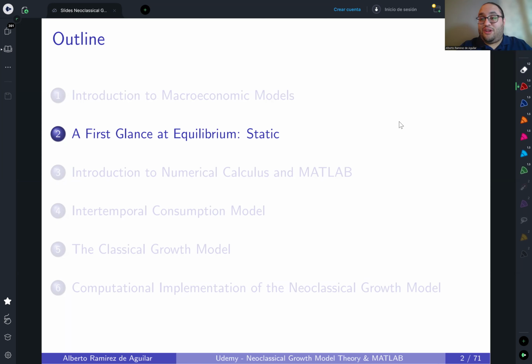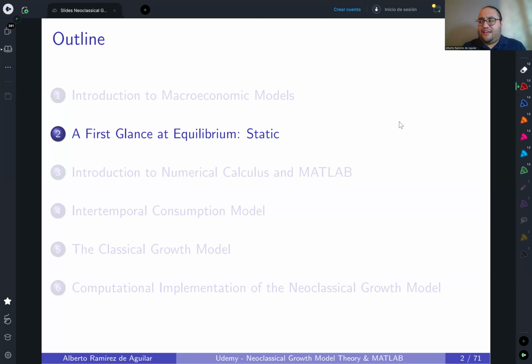And I'm not only going to use this simpler model to introduce some of the main concepts regarding households and firms. But the most important takeaway of this part of the course is understanding what equilibrium means and also some of the equilibrium implications.